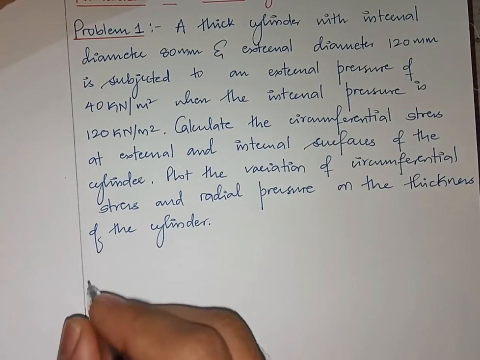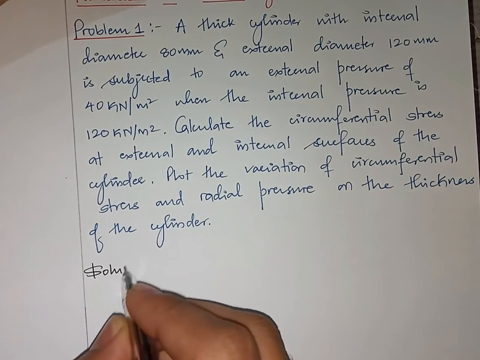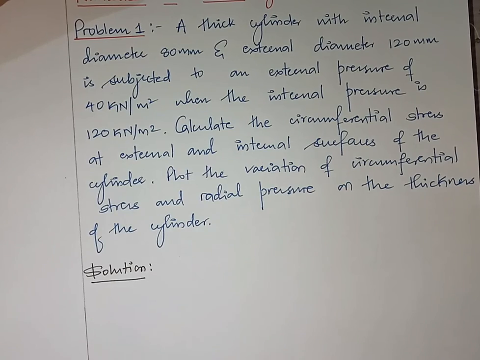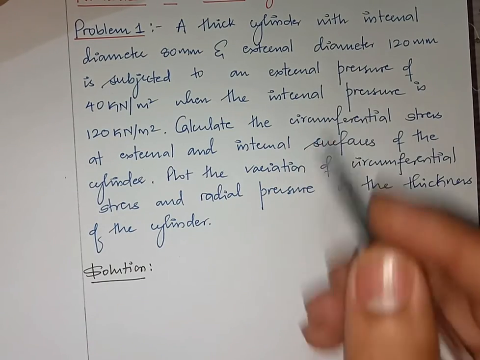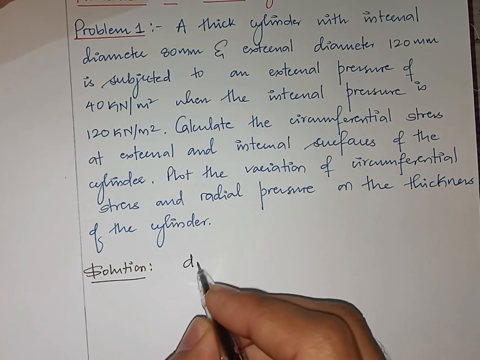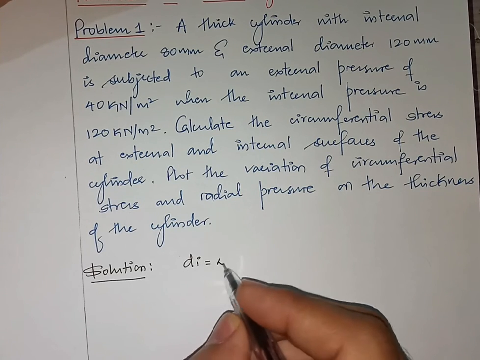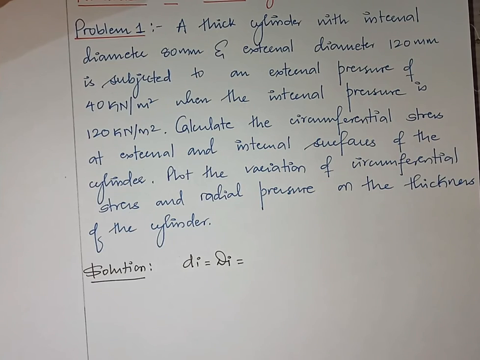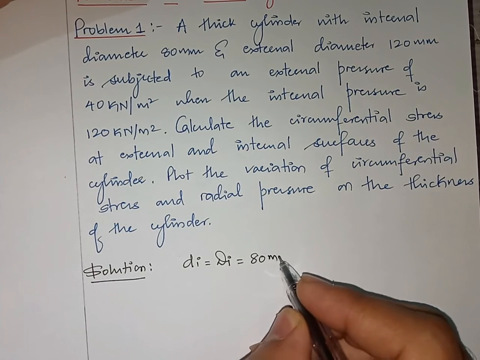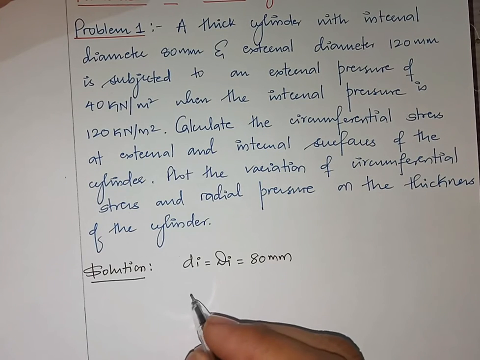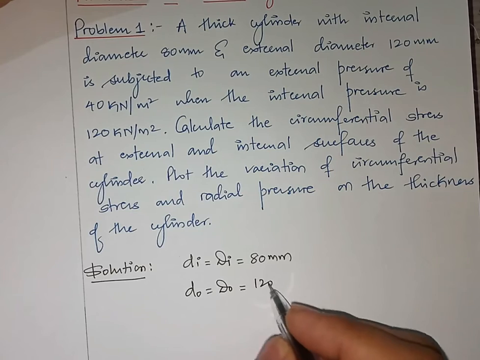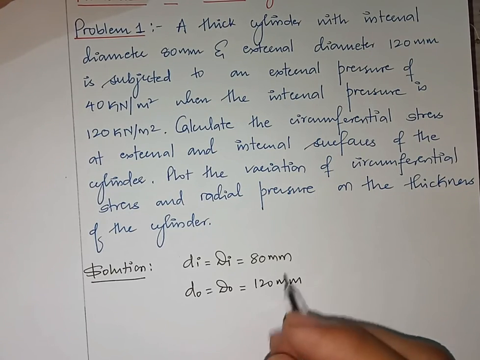Now here, what is given is a thick cylinder with an internal diameter di, sometimes it is taken as capital Di, both are same. So internal diameter is 80 mm, external diameter d naught is 120 mm, right?